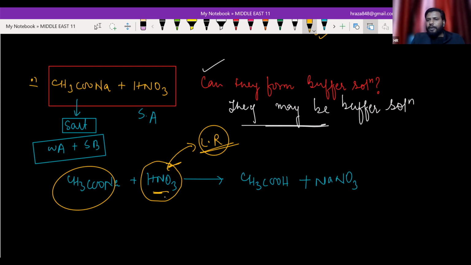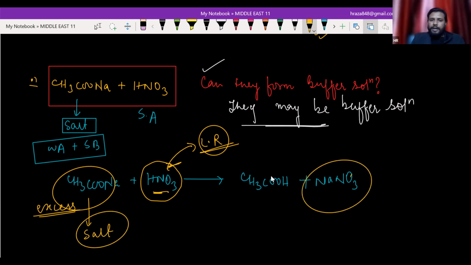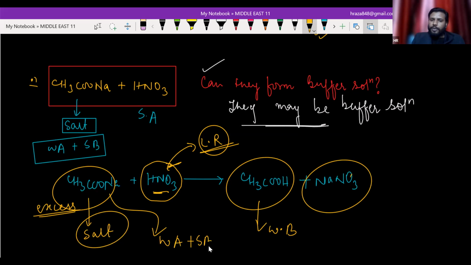Is that clear, Krishna? Yes, sir. And the salt is in excess. So in the solution, what we have is this salt and this. This is what? A weak acid. And this is the salt of a weak acid plus a strong base. That means it represents a buffer.